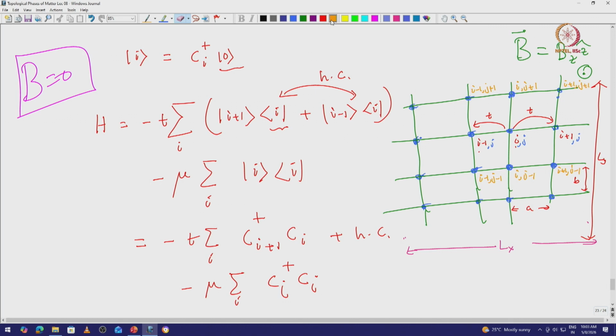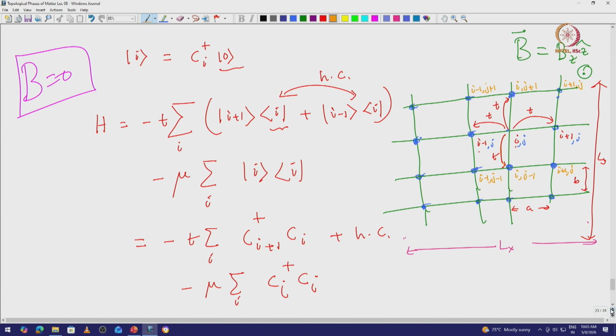We will also assume for simplicity that it is a square lattice, which means the hopping along this direction is also the same.